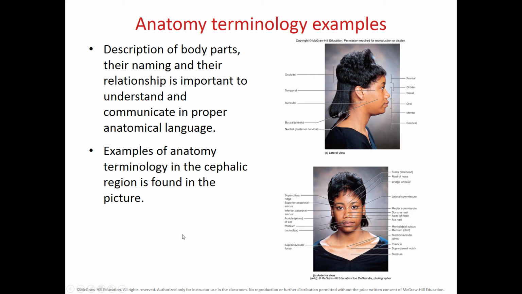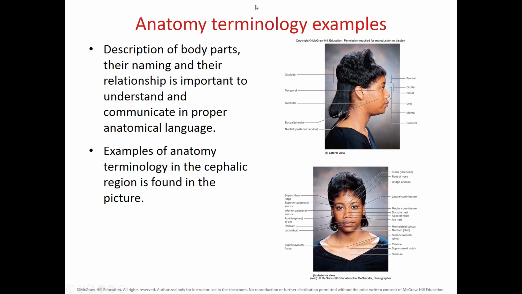Now, in anatomy, we will use a specific naming of things, which is the terminology. And this naming is important because it provides a specific relationship that is important to understand and communicate in proper anatomical language.